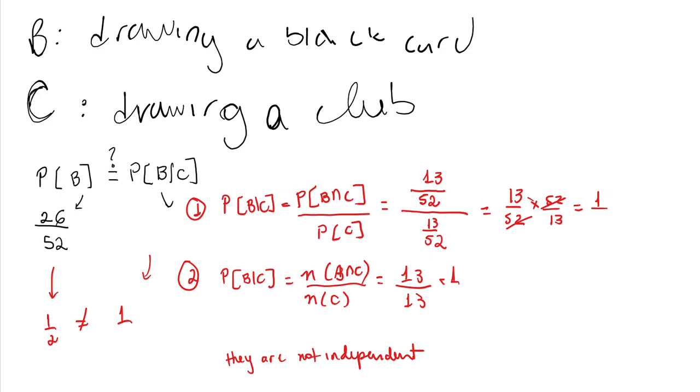Okay, but if you're in doubt, if you're questioning yourself, if you're sure of independence, then just do this check with the probabilities. Okay, meaning that the original probability won't change if you're informed. If something happened first, then they're independent. If not, they're not independent.